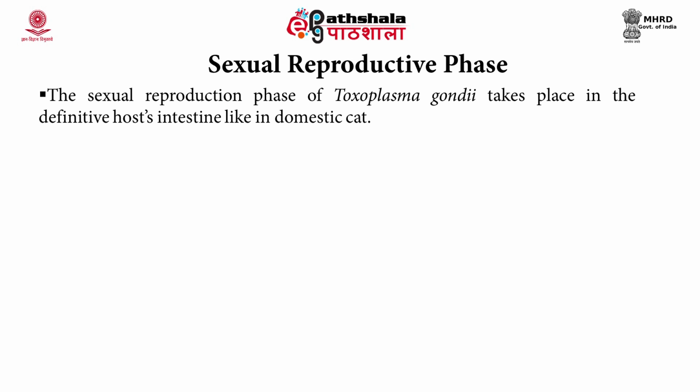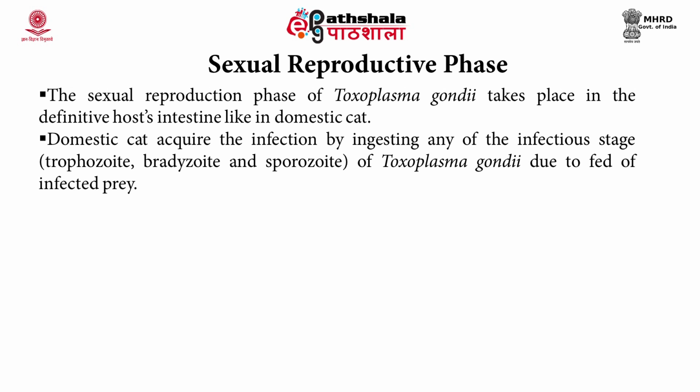The sexual reproductive phase of Toxoplasma gondii takes place in the definitive host's intestine, like in the domestic cat. The domestic cat acquires the infection by ingesting any of the infectious stages like Trophozoite, Bradyzoite or Sporozoite of Toxoplasma gondii due to feeding on infected prey.